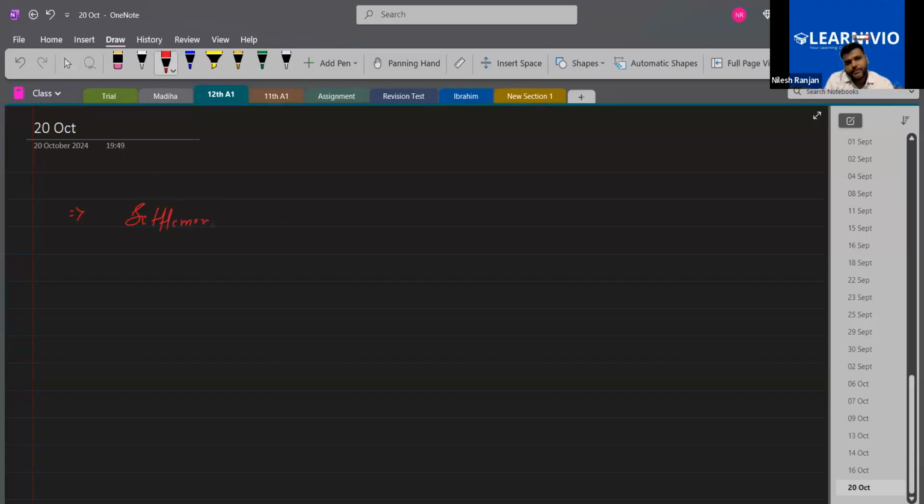Settlement of account. So first of all, amount payable to executor of deceased partner.